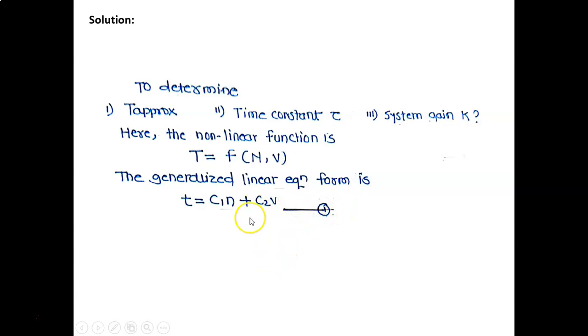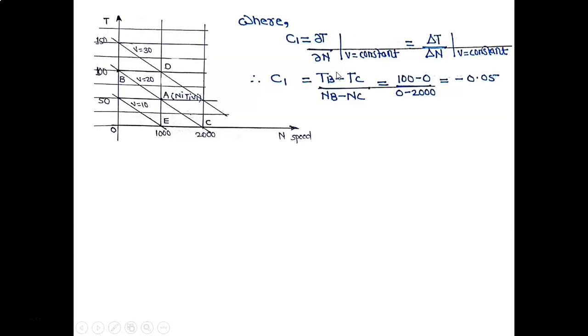Therefore we will find out the values of C1 and C2 from the curves. Once again we have to draw the curves. These are the curves provided in the problem. So what is our equation 1? t is equal to C1n plus C2v.